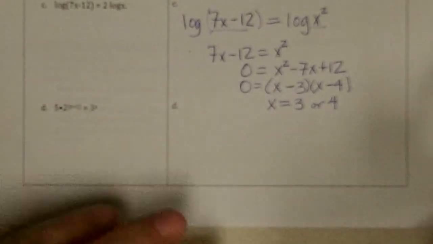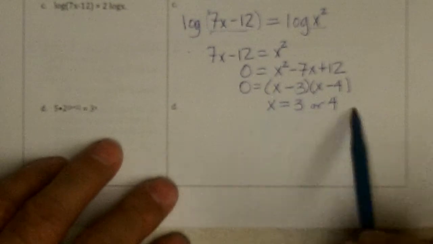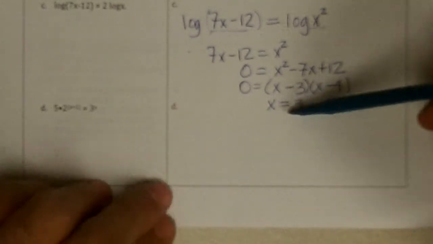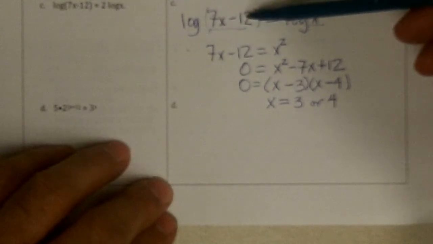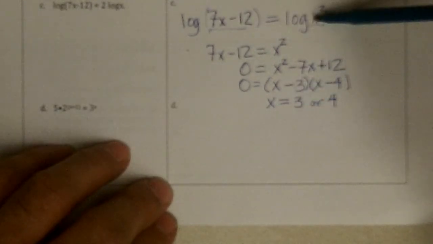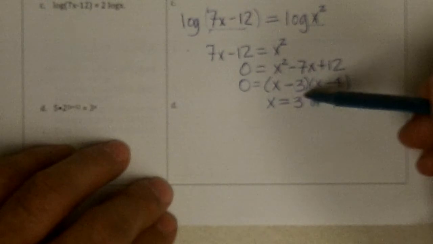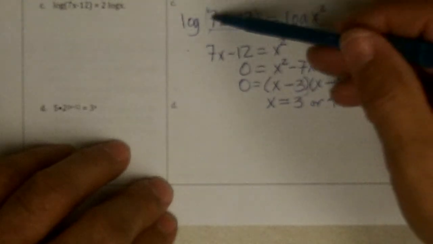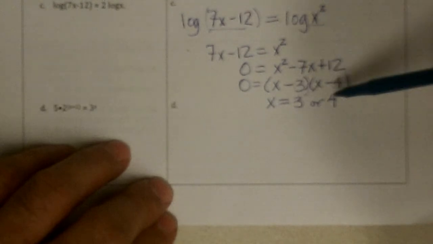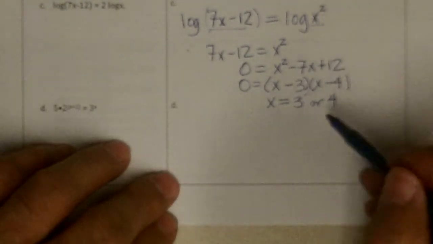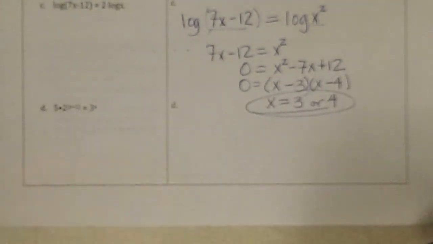And I'm working with a log equation, so I need to check my answers. If I put 3, 7 times 3 is 21 minus 12, that's positive, and 3 squared is positive, so I can use 3. 4, 7 times 4 is 28 minus 12, and 4 squared is 16. That should work also. So both of those are answers. And they both check.